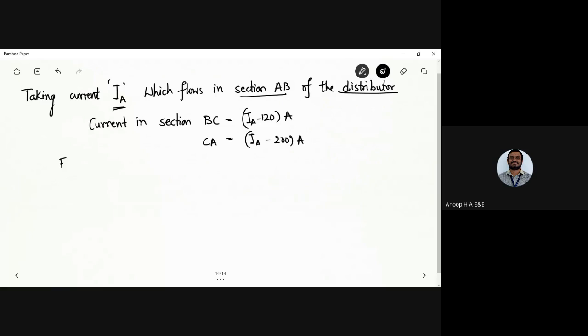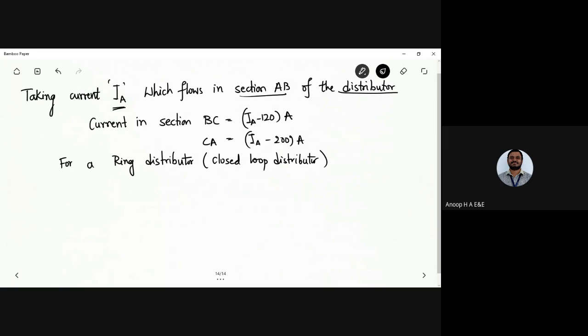For a ring distributor, I can apply Kirchhoff's voltage law, so you have to take both the current and the resistance into consideration. The sum of the voltage drops will be equal to 0 for a closed loop distributor.